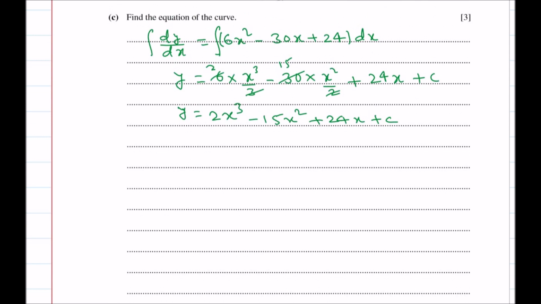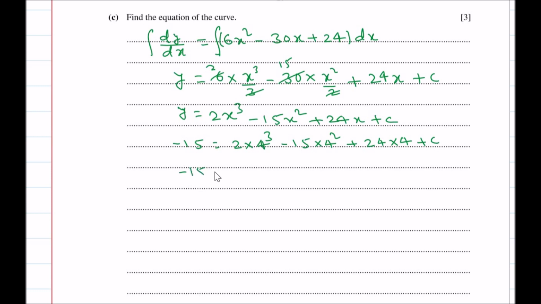So if you are substituting, minus 15 is equal to 2 into 4 cube minus 15 into 4 square plus 24 into 4 plus c.